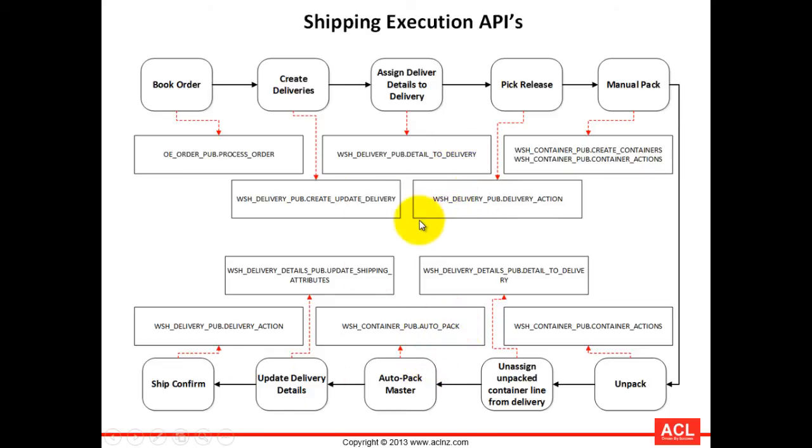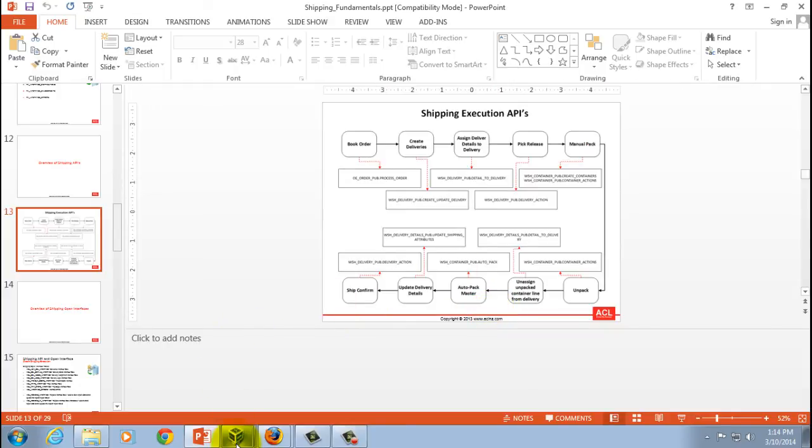Then lastly you have another package called WSH delivery details underscore pub. So let's describe that one as well. Let's go back to the server.